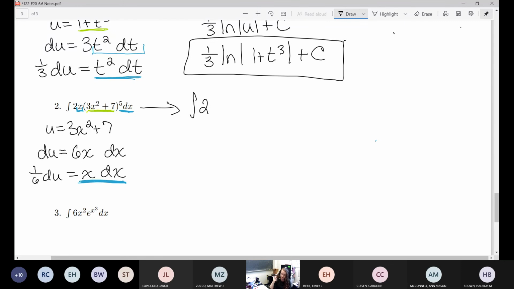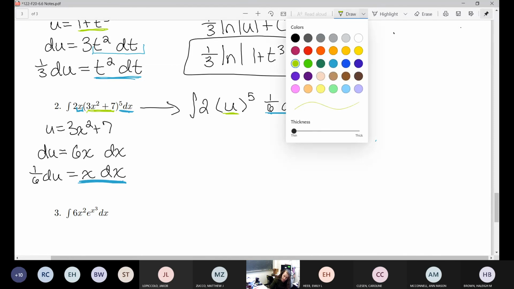But I swung the whole entire 1/6 over to the other side, so the 2 is going to stay. The thing inside the parentheses becomes a u, so we'll have u to the 5th. And then the x dx gets essentially sucked up and turned into a 1/6 du. So that 2 didn't really have anything to replace it, but that's fine.